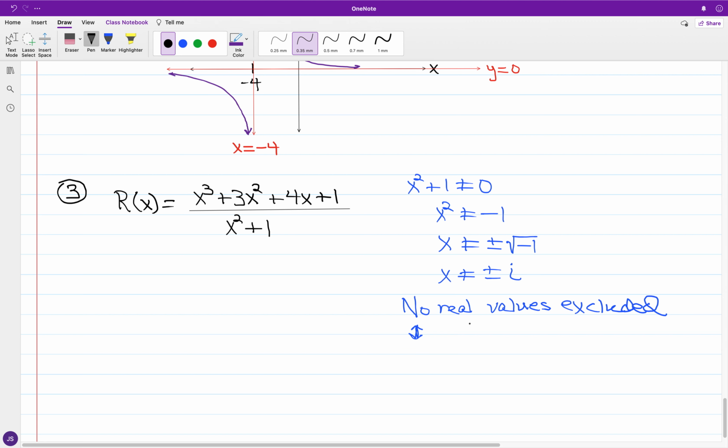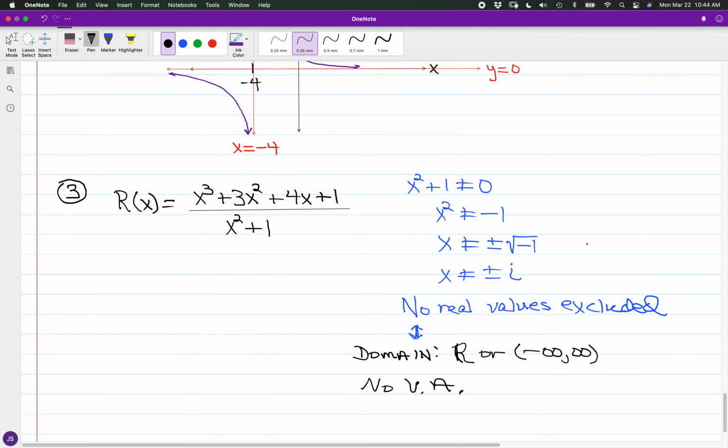And also, since no real values are excluded, the domain will be the set of all real numbers, or again, in interval notation, going between negative and positive infinity. And also we have no vertical asymptote.